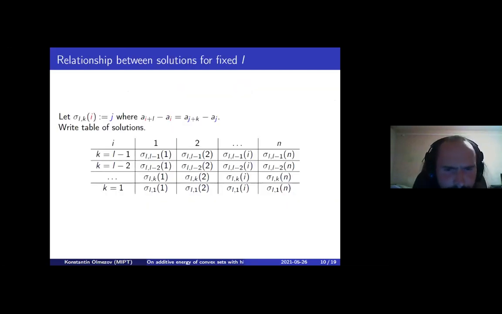So let's write a table where we describe solutions of the equation.